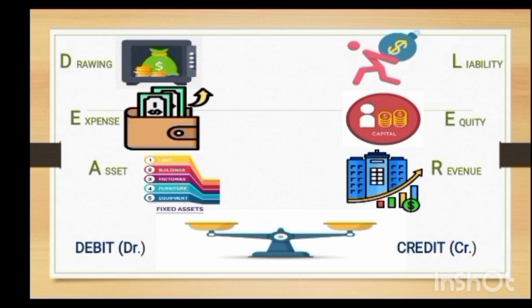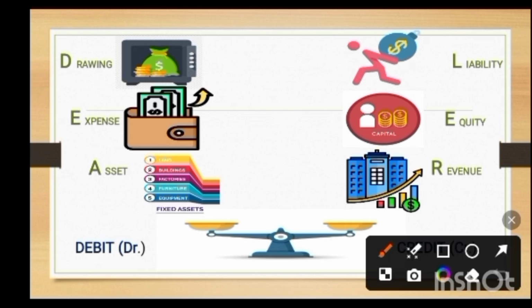So it's clear that assets, expense, and drawings will be debited when they increase, and on the other hand, revenue, equity, and liability will be credited when they increase.